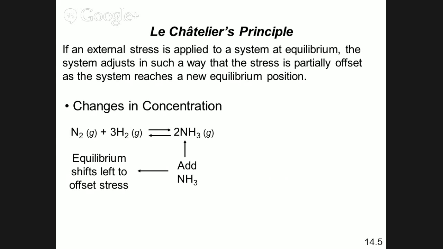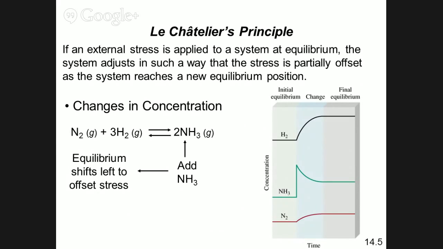It'll effectively neutralize our addition. So there'll be more ammonia than there was, but now there's also going to be more N2 and H2 than there was before because it turned some of that NH3 back into those initial reactants.